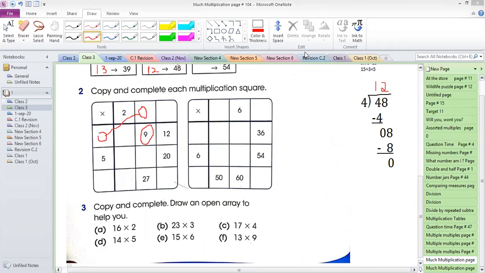Okay, keep yourself on mute mode again. So guys, there are two possibilities, 1 multiplied by 9 or 3 multiplied by 3. I will show you what happens if I write 1 multiplied by 9. Look here, I'm going to erase these circles, and I'm going to write here 1 and here 9.